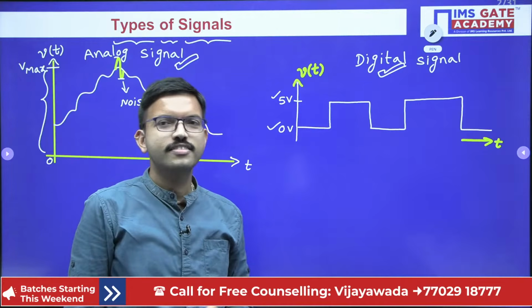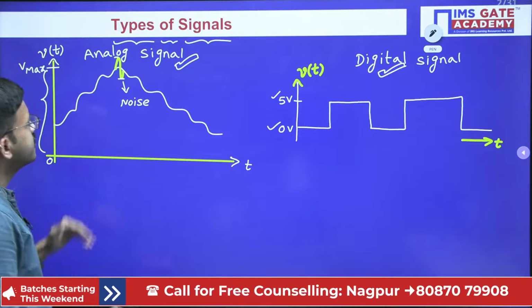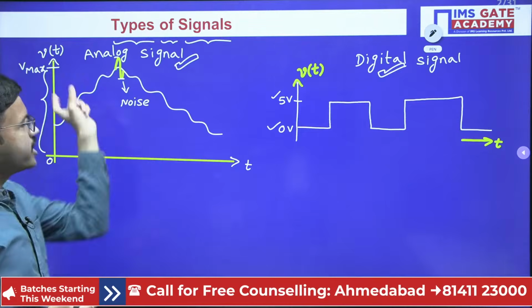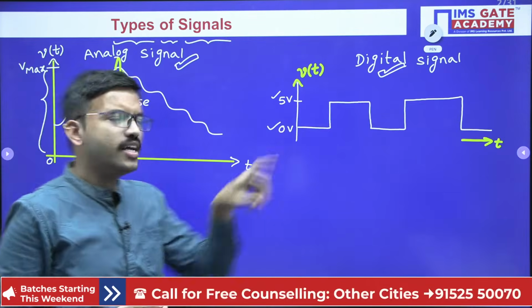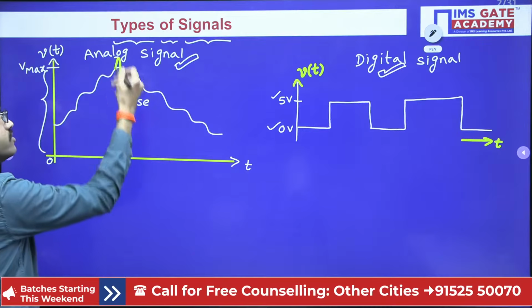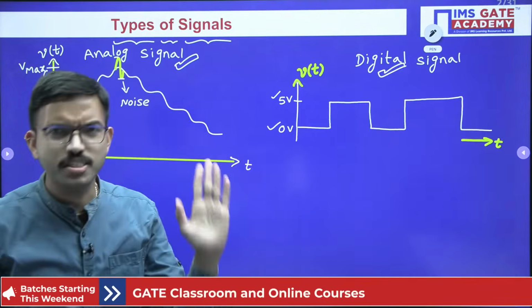Is it possible? No, it's not possible, because you have an analog signal like this, but because of the noise, the signal you are receiving is the original signal superimposed with noise. You cannot say that the sender has transmitted the same signal.